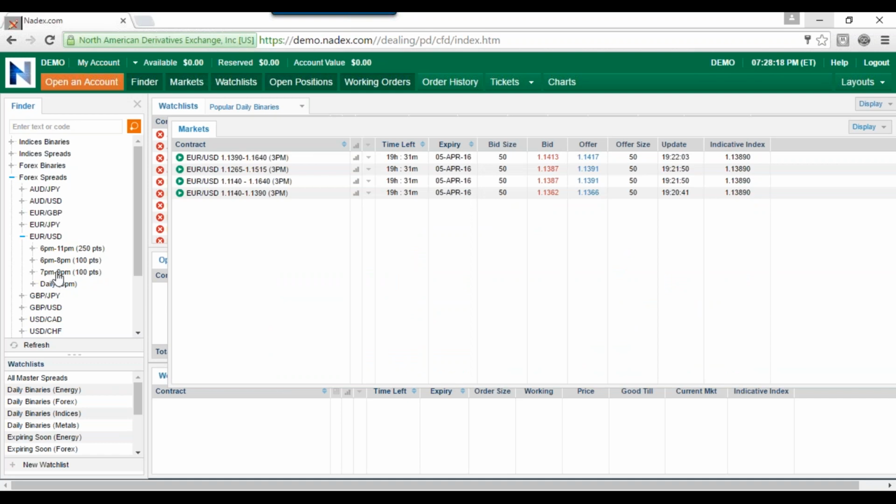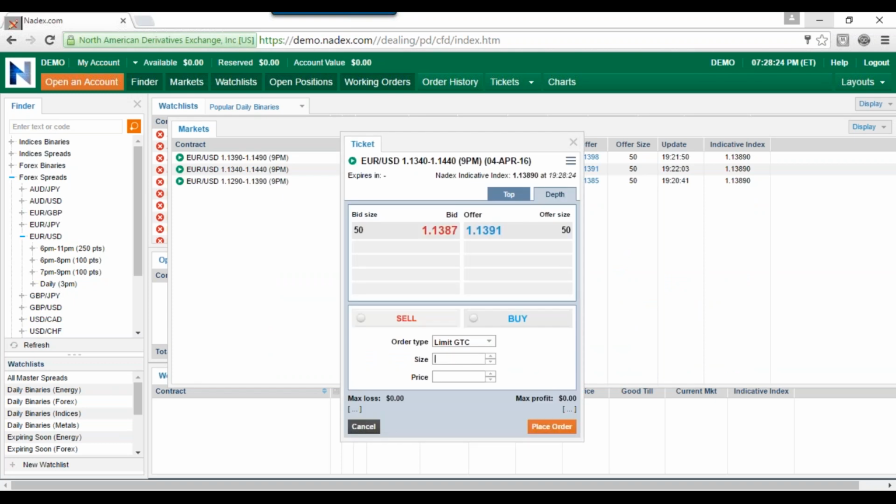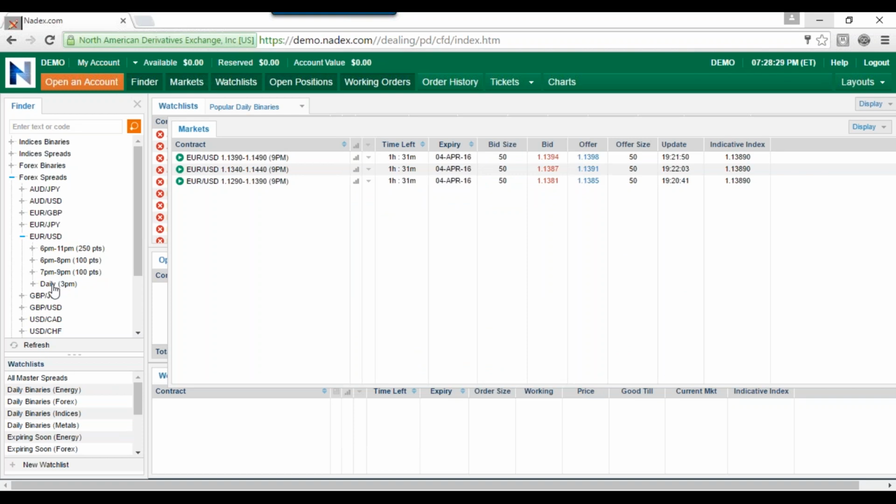We can even use one of the 7 to 9s. No, actually I want to use one of these daily spreads as an example. So the market's at 1389.